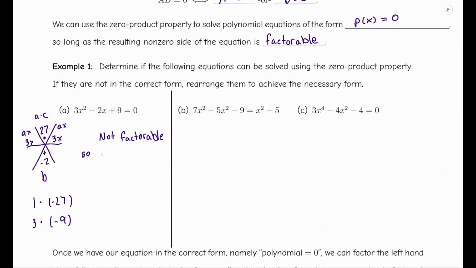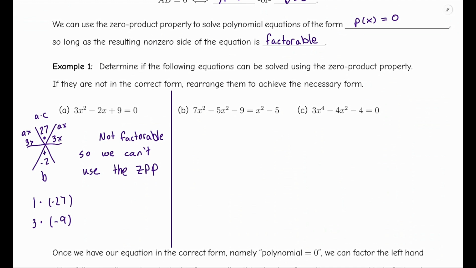So we can't use the zero product property, which I'm abbreviating ZPP. That does not mean this equation is not solvable. It just needs different methods to solve it.